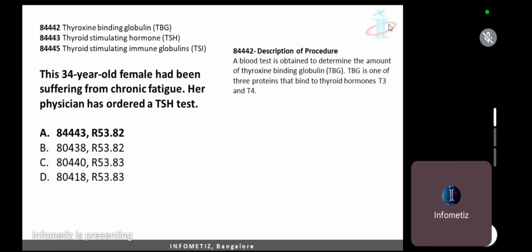One is a good cholesterol, one is a bad cholesterol. VLDL is very low density lipid, which is 719. 721 is LDL, low density lipid. Nothing to explain here.